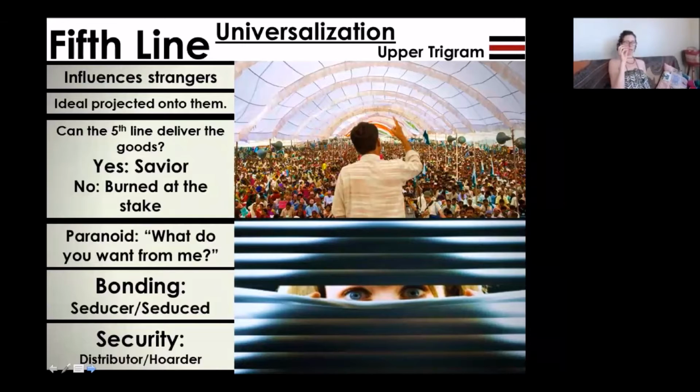They see in the 5 something that the 5 could provide for them. They might see a solution that they need, and they want something from the 5 in order to help them.